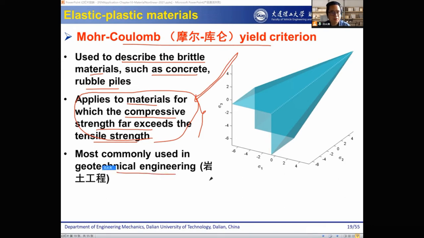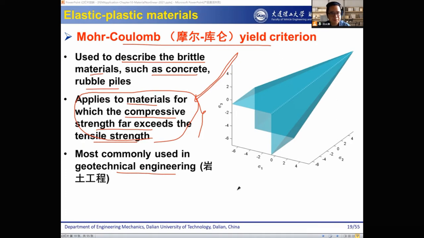Okay, so we have introduced 4 criteria, and there are more than 4 criteria in the software for real engineering problems. The first 2 we introduced are for ductile material, and the third and the fourth are for brittle material.